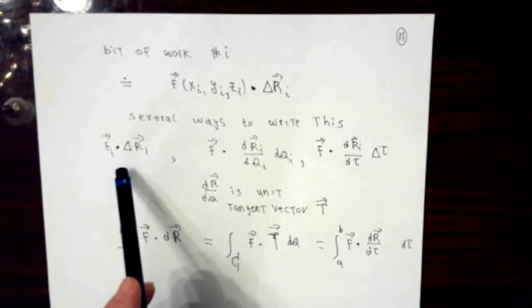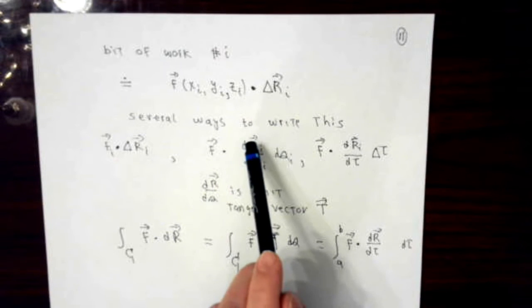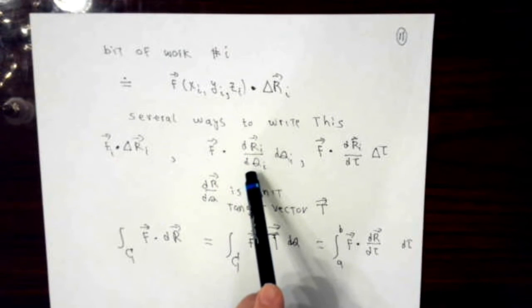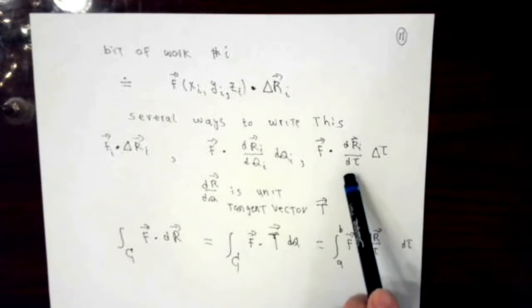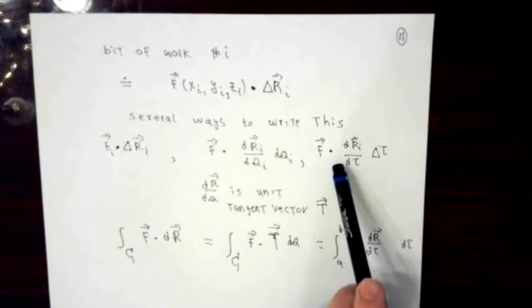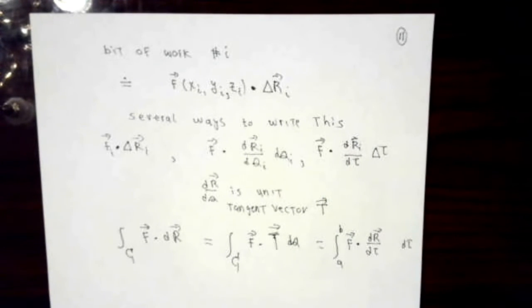I can literally just leave it as force dot displacement, or I could write it as force dot rate of change of position with respect to arc length times difference in arc length, or I could write it as force dot product derivative of r with respect to t times delta t. If I write it in that first way, that's going to be the definition of our symbolism. We'll call it the line integral over curve C of force F.